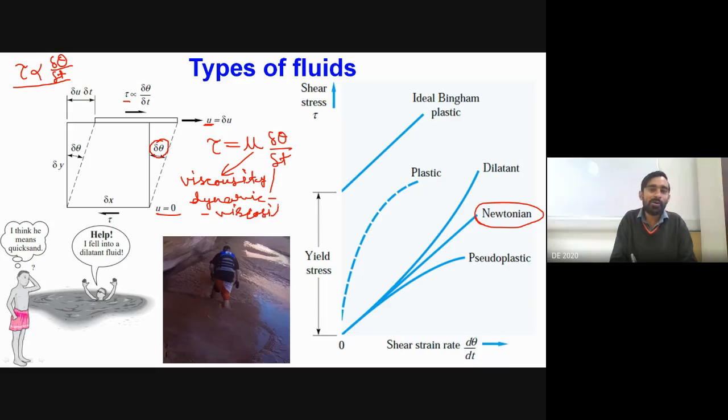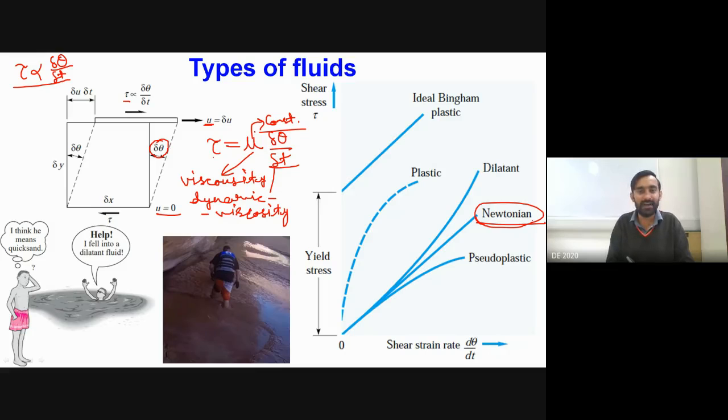Now the relationship between tau and del theta by del t will remain linear if the value of this dynamic viscosity is constant. So a fluid for which dynamic viscosity is constant is known as a Newtonian fluid.